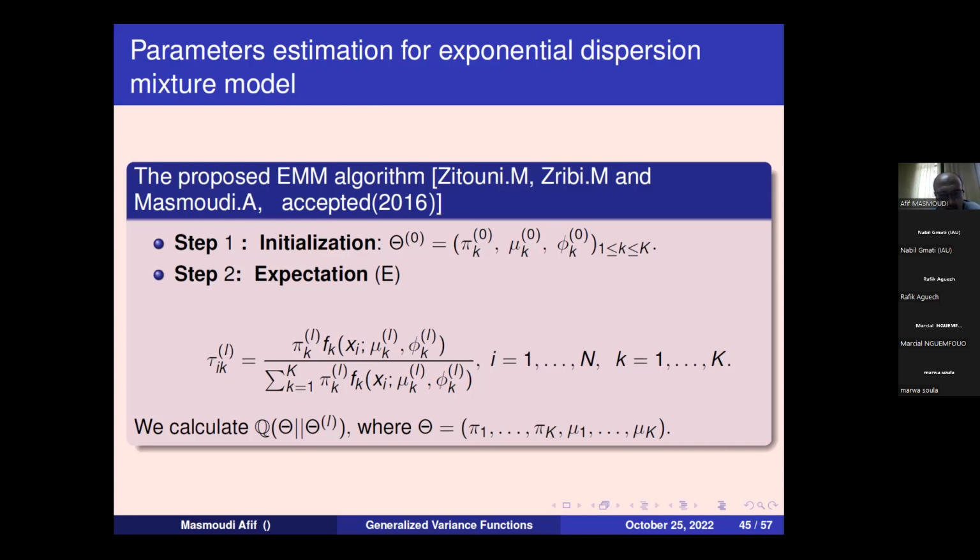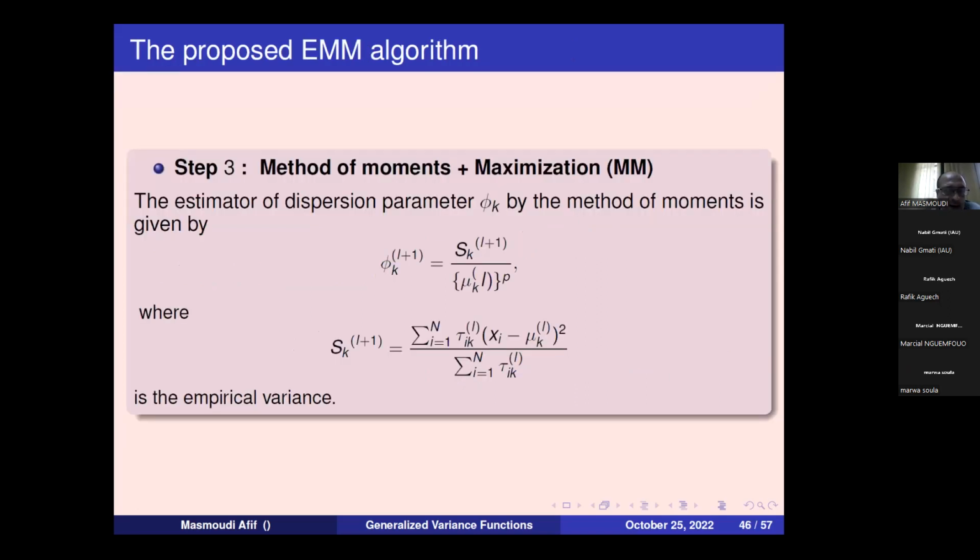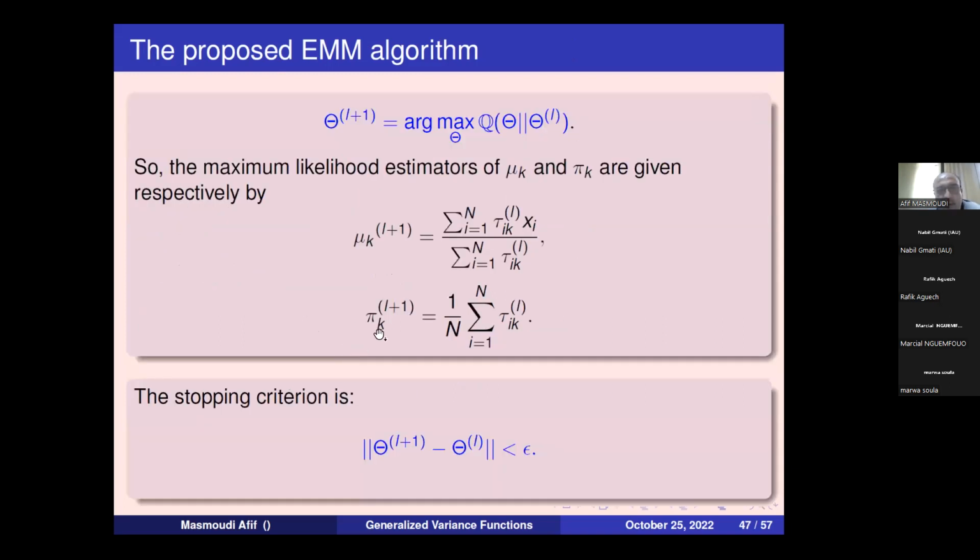And in step 3, we calculate the dispersion parameter by using the method of moments and the proportion pk, and we use the stopping criterion.